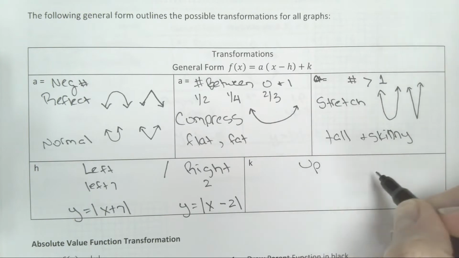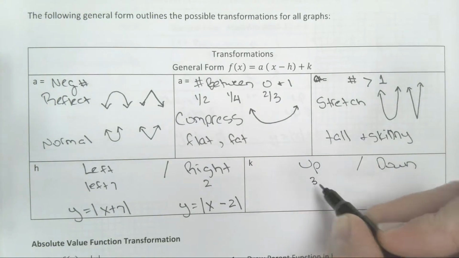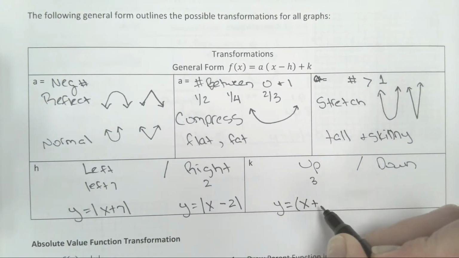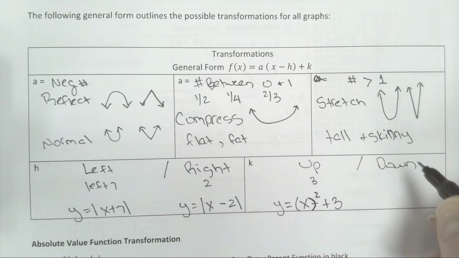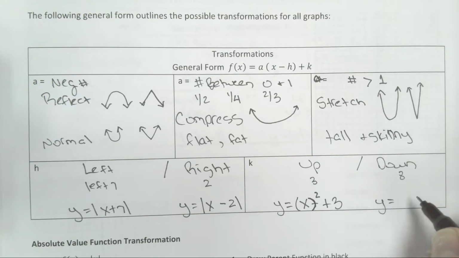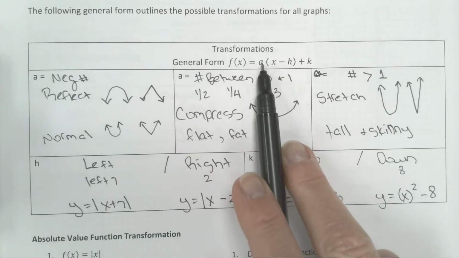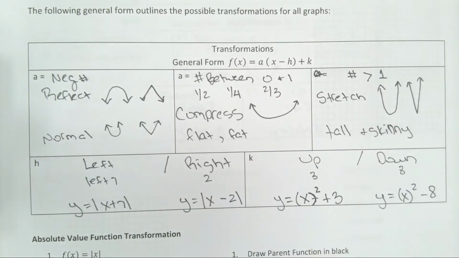And k goes up and down. So if we wanted to go up 3, you would have y equals absolute value of x squared plus 3. Or if we wanted to go down 8, we would have y equals maybe the absolute value of x squared minus 8. So the a, what we're going to explore today mostly, is the number out in front of your grouping symbol.